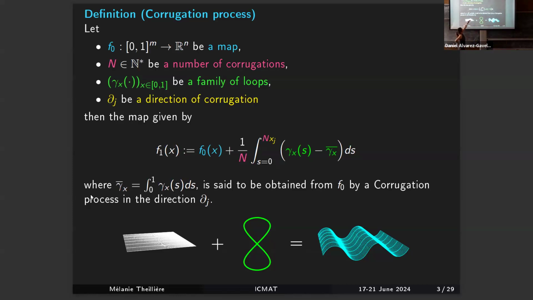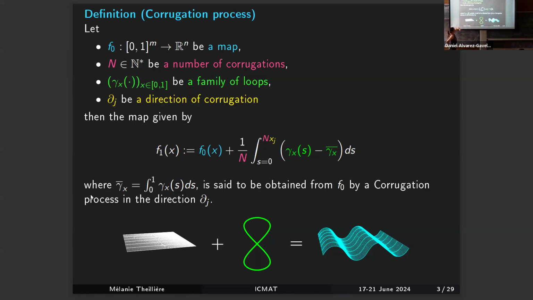So to the initial map, we add this deformation, where the amplitude is controlled by the number of corrugations, and the direction appears in the upper bound of the integration. So we see xj here is the direction where we add corrugation, and corrugation is still encoded by the loop family gamma.